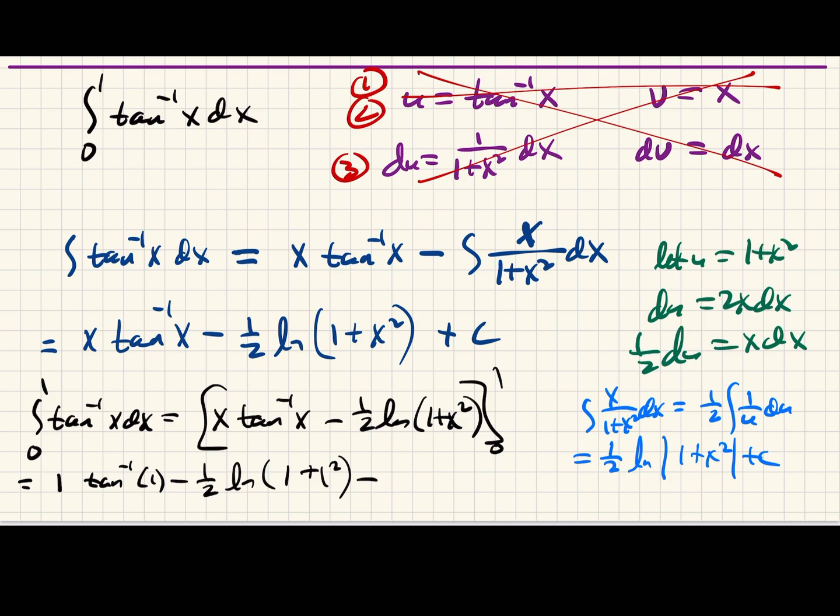Well, okay, that's not going to be bad. We'll have 0 times inverse tangent of 0 minus 1/2 natural log of 1 plus 0. Now, we've got 0 times 0, that's 0. And then we've got 1/2 times the natural log of 1, but what's the natural log of 1? Yeah, so that whole thing is 0. So all I really have is what's in those first terms.